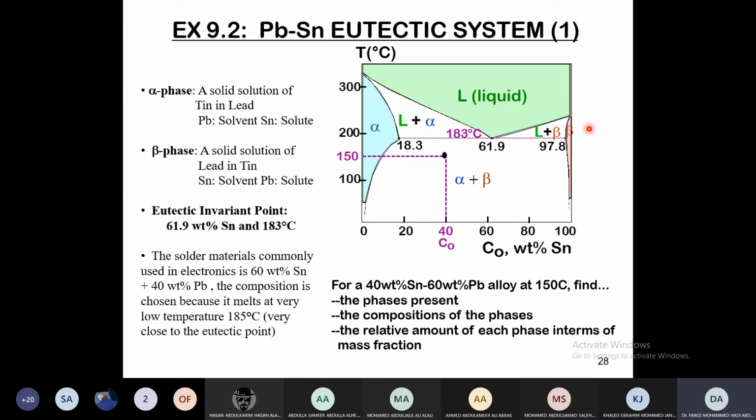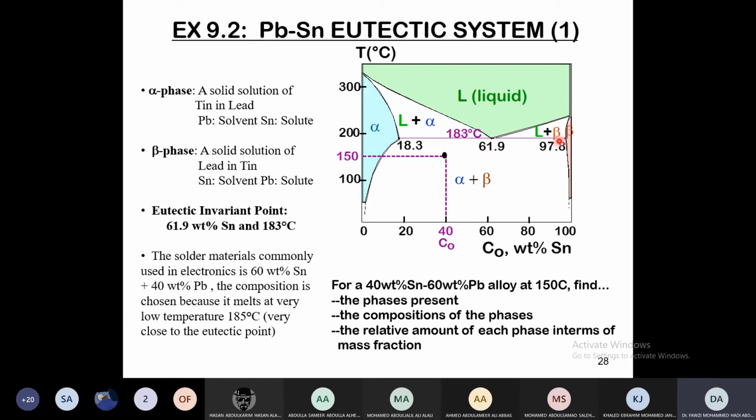Doctor, yes. What is the eutectic isotherm? Eutectic refers to the eutectic point, right? Right. Now we notice in the phase diagram that there is a line at the eutectic point, which is this line.